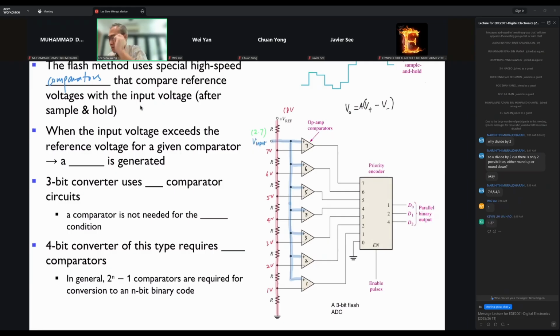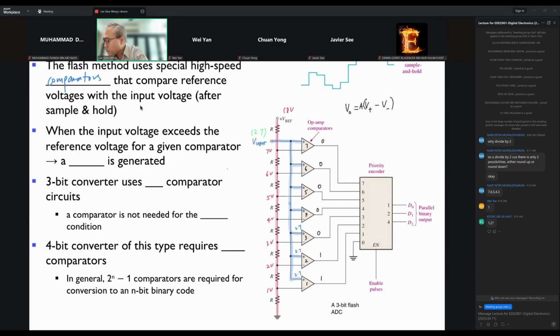See, the input is 2.7 volts. So V out is equal to the gain times V plus minus V minus. So the answer should be which one? Let's use logic. So this will be 0, 0, 0, 0, 0, 1, 1. Don't forget this is 2.7 volts.